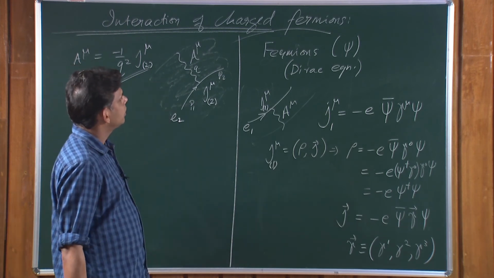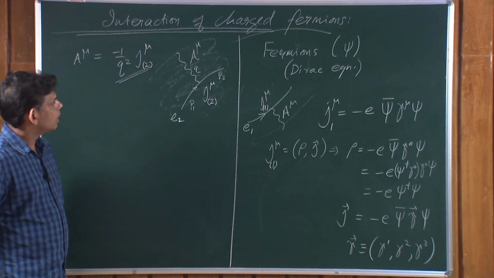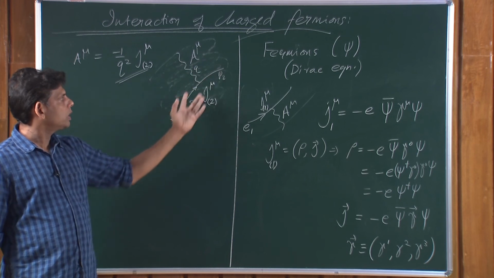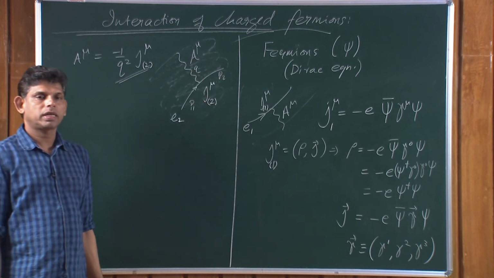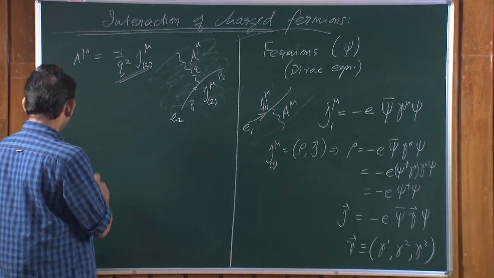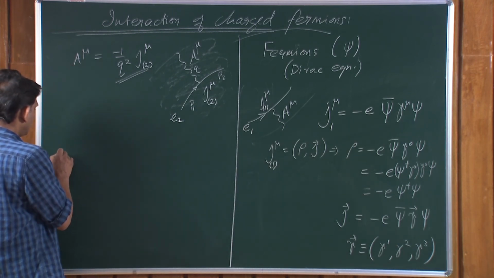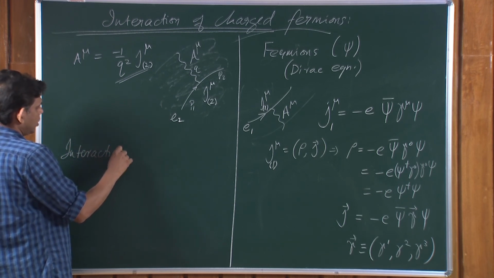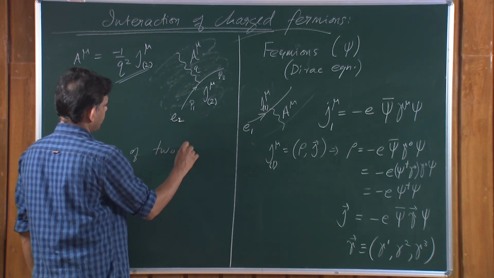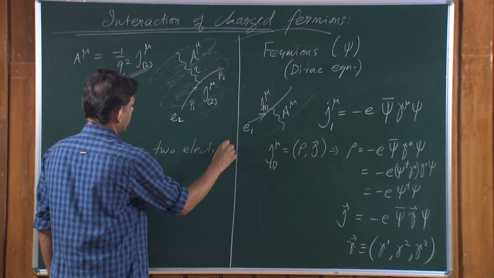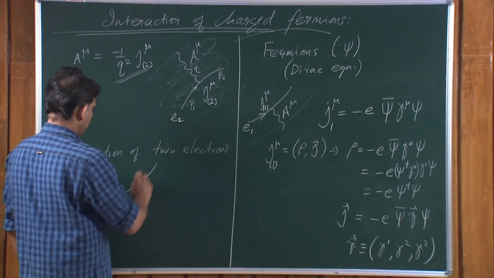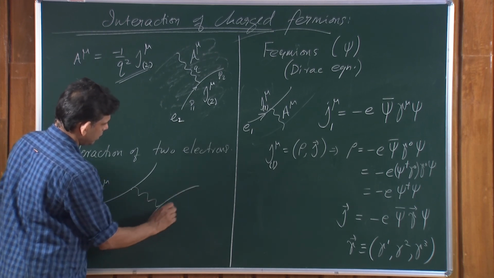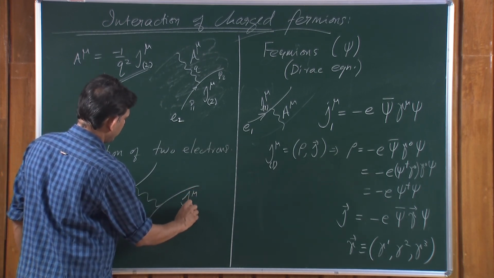Here we have the source of the current itself. So, we are saying that A mu is coming from this second electron. In a sense, we can talk about the interaction of two electrons as one current J 1 mu interacting with another current J mu 2.